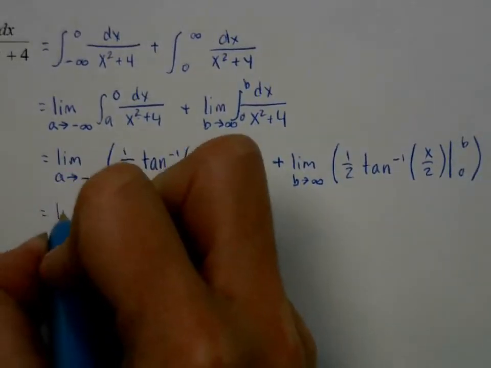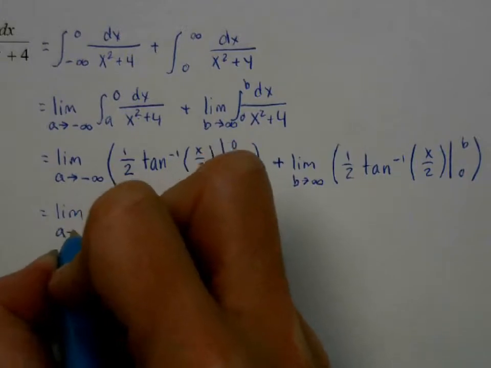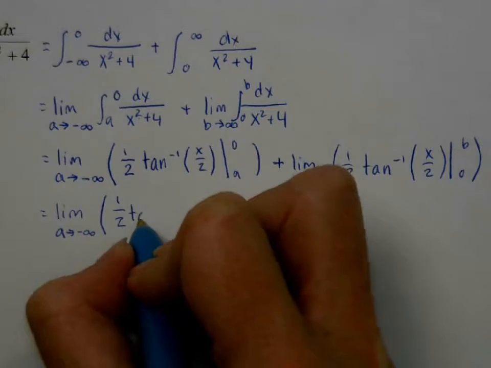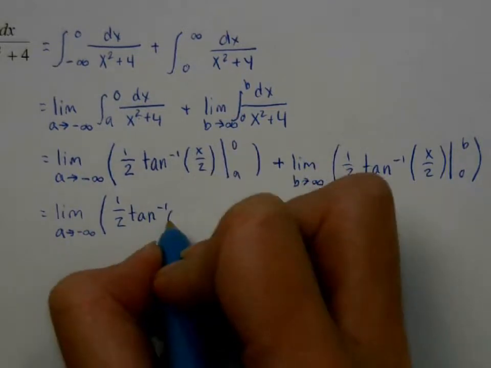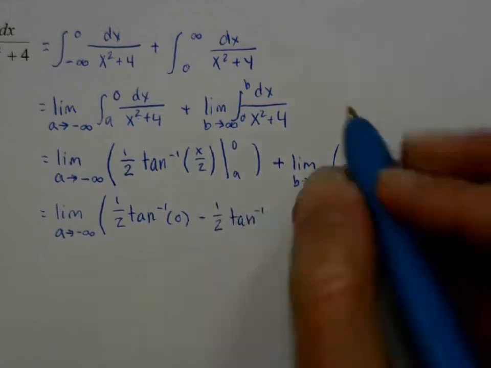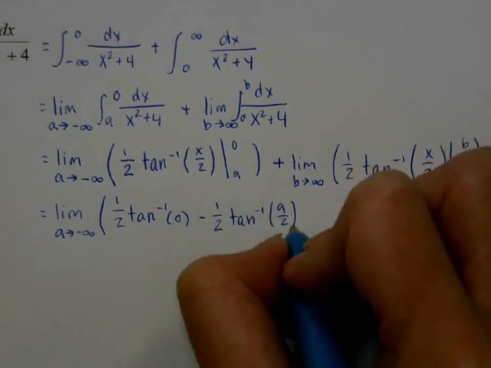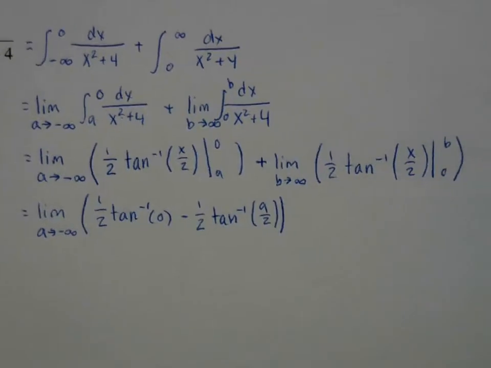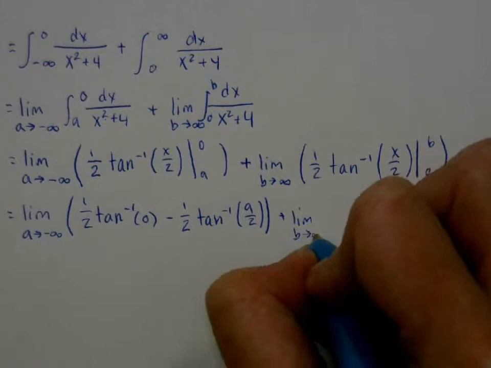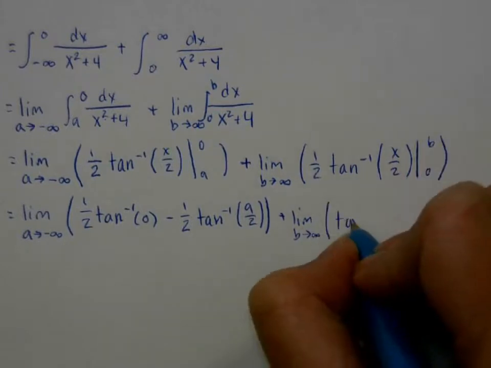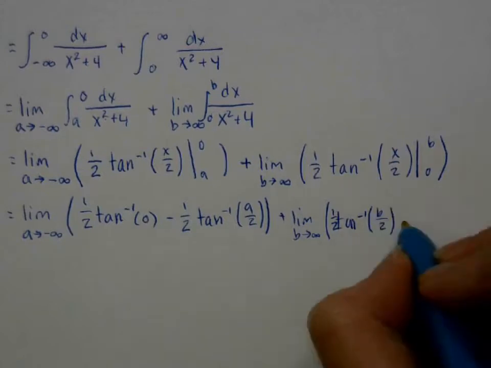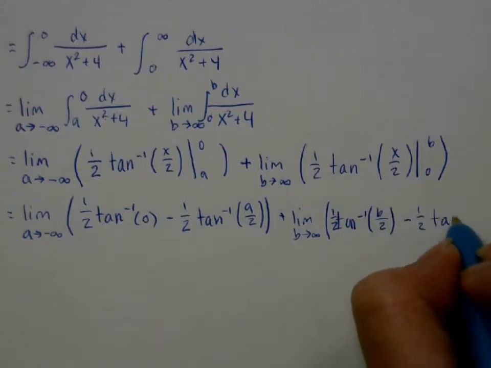So again, keep the limits until you actually evaluate. So this is going to be 1/2 tangent inverse of 0 minus 1/2 tangent inverse of a over 2. This one's going to be the limit as b goes to infinity of 1/2 tangent inverse of b over 2 minus 1/2 tangent inverse of 0.